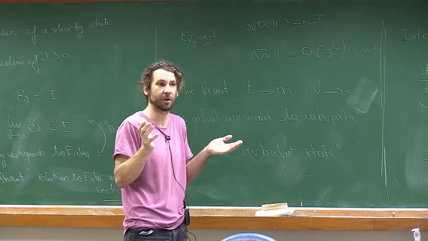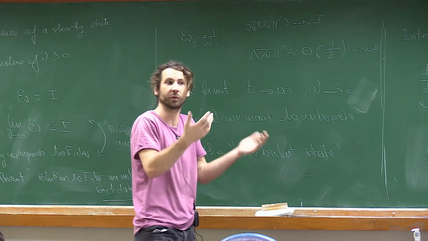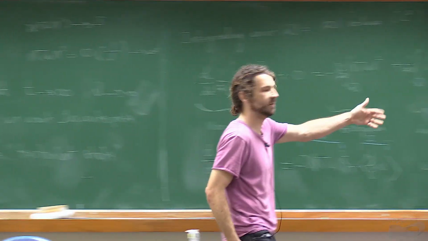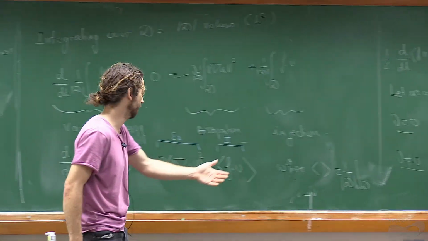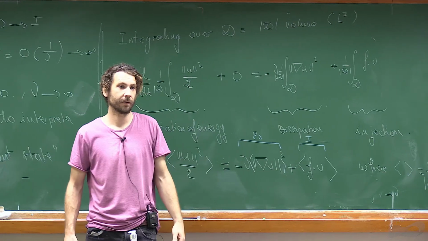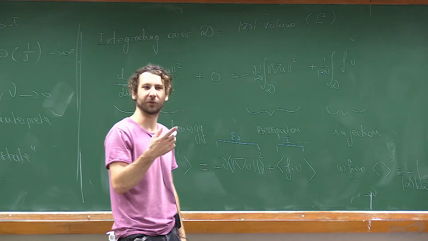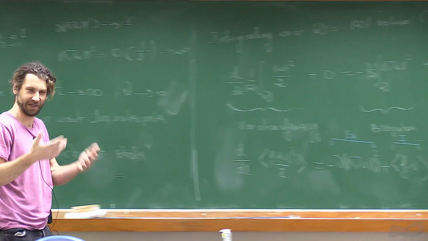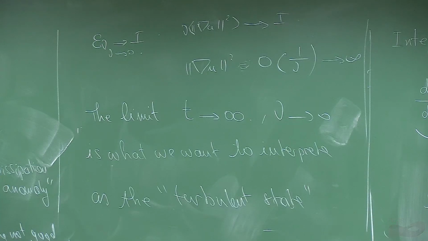And this defines a measure. Then, assuming some ergodic property, basically this balance will hold.